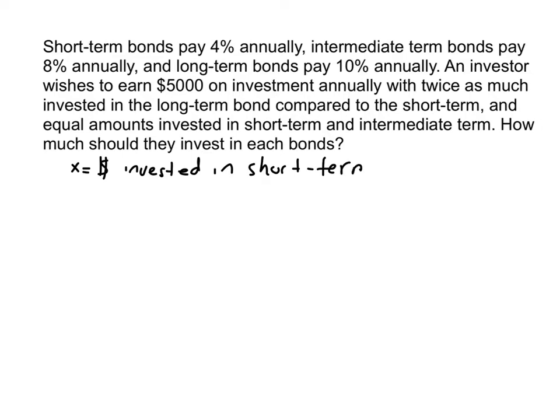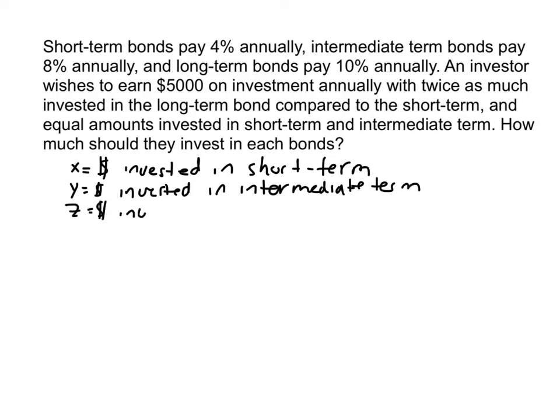Then we'll make Y the dollars invested in intermediate term, and then lastly Z is the amount of dollars invested in long term. Alright, so now let's go ahead and set up our equations.